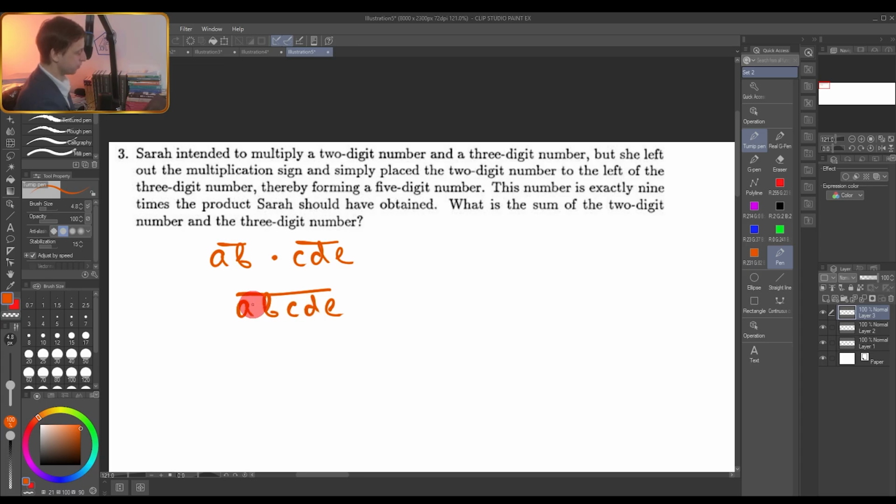This number is exactly 9 times the product that Sarah should have obtained. So this number is 9 times this product, A, B, C, D, E.